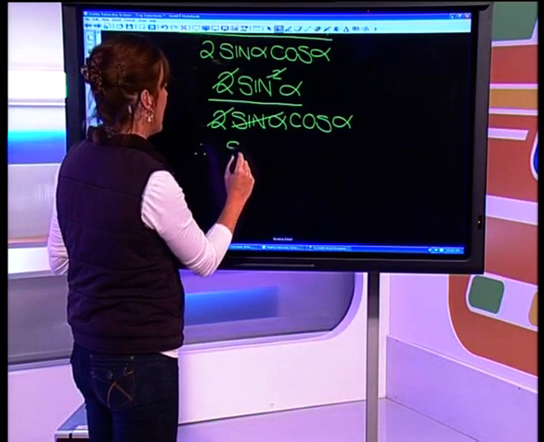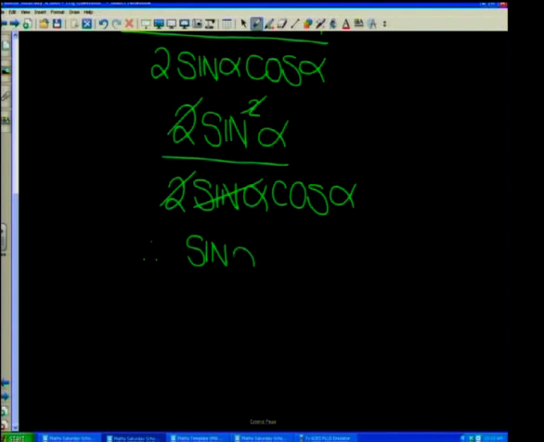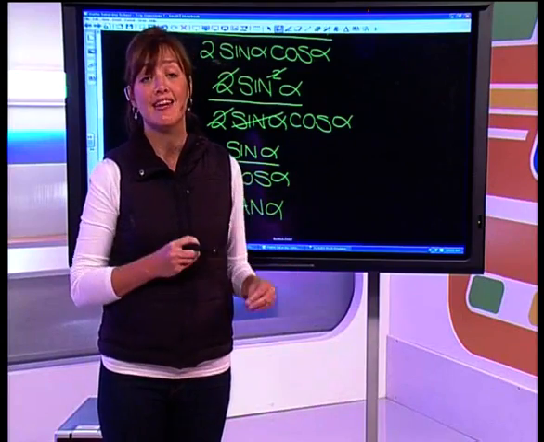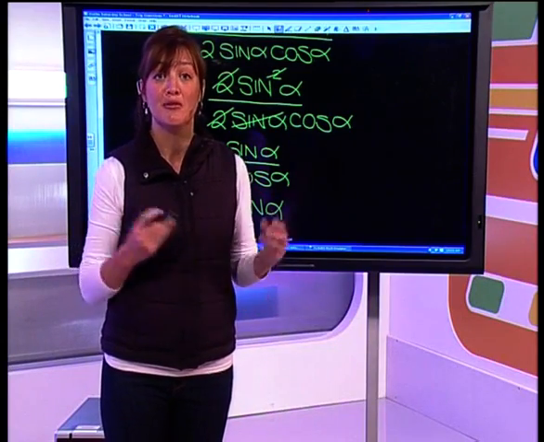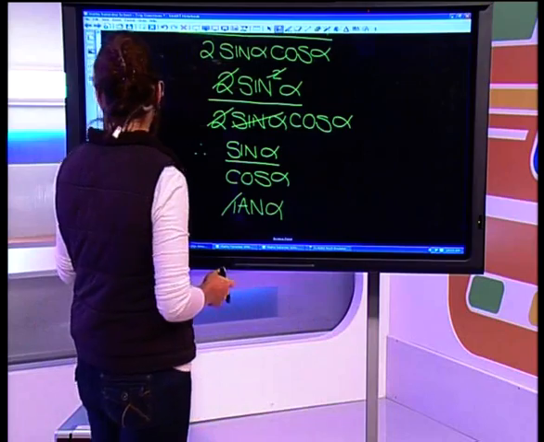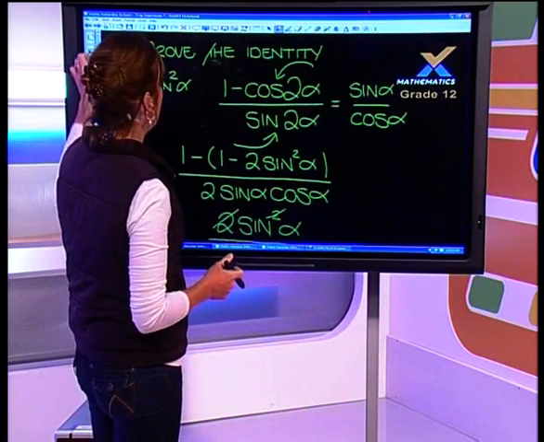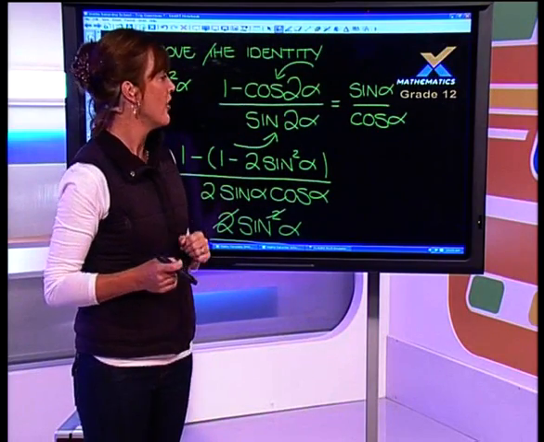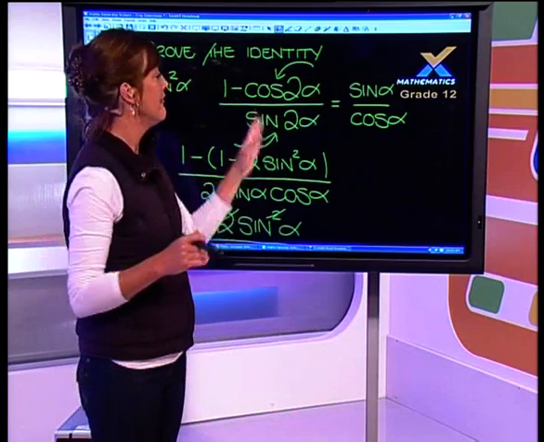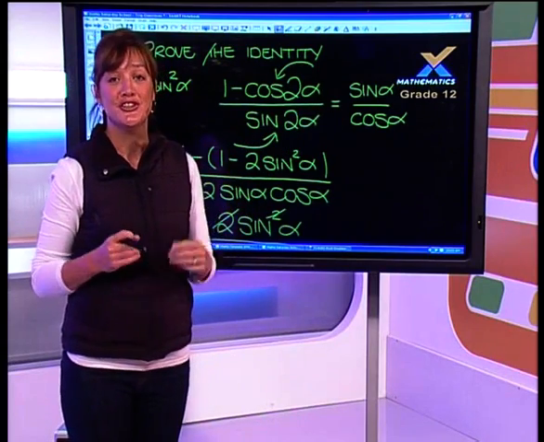I'm left with sine alpha over cos alpha, which once again is equal to tan alpha. And remember, right in the very beginning, that is what we were asked to prove. So we've now managed to prove that the whole identity of 1 minus cos 2 alpha over sine 2 alpha is actually equal to tan.